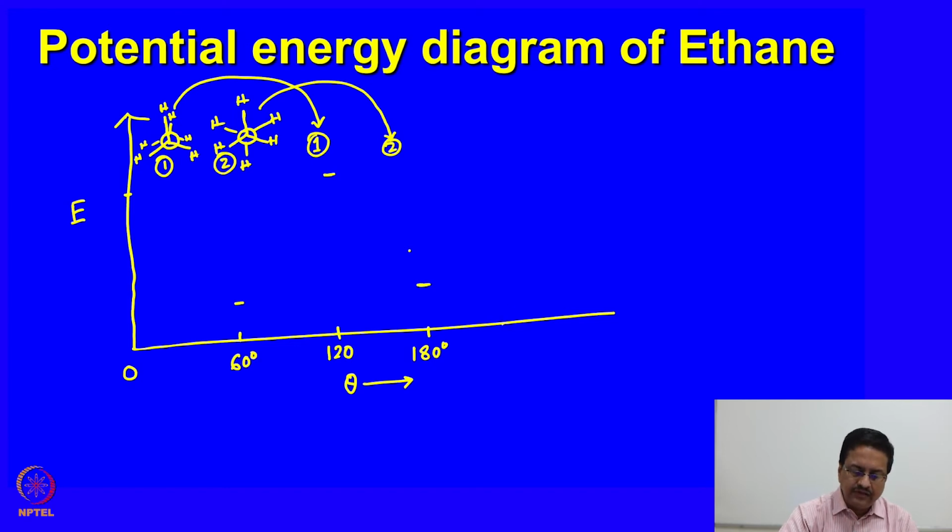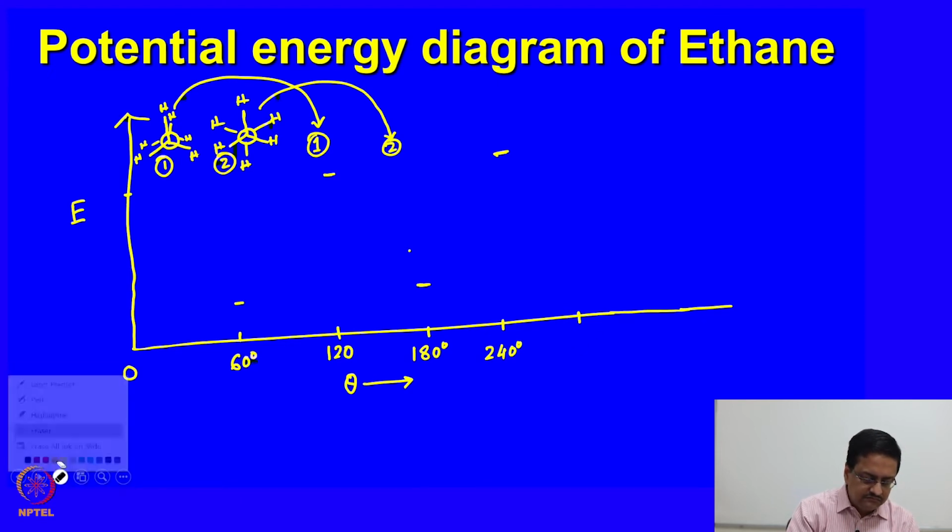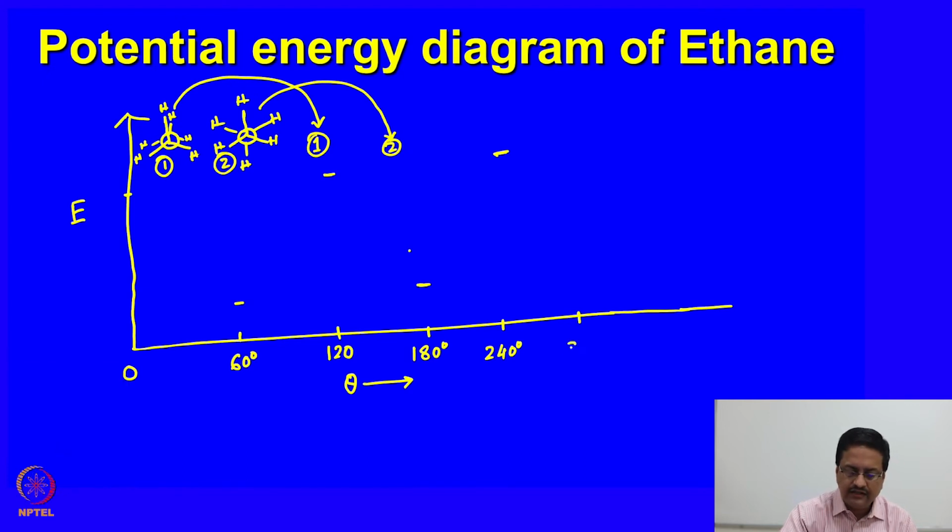And then if you rotate the back carbon by another 60 degrees and reach 240 degrees, you will again get the conformation 1, which is 12 kilojoules per mole higher in energy. Rotate the back carbon once again by another 60 degrees, you reach 300 degrees here. So, at 300 degrees of rotation, the energy of the molecule will be the same as 2.